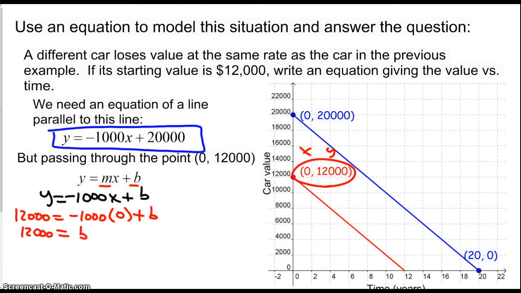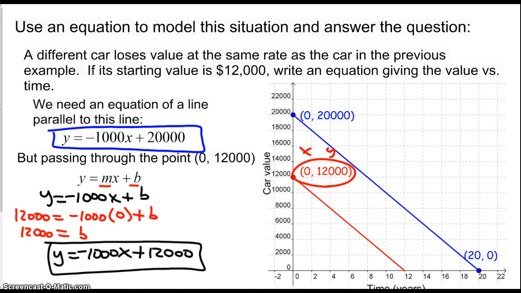And so b is 12,000, so that means that this equation would be y equals negative 1,000 x plus 12,000, right? Now, I did that intentionally that way, even though we know that number out there is supposed to be the intercept, because this is a generalized way to solve. All right. Okay, complicated, I understand, but hopefully shows the point of why we do these things.